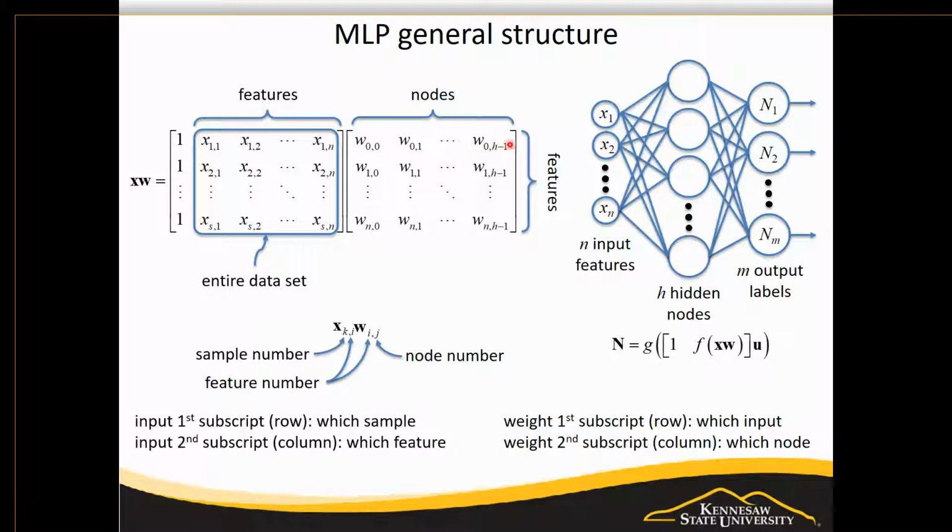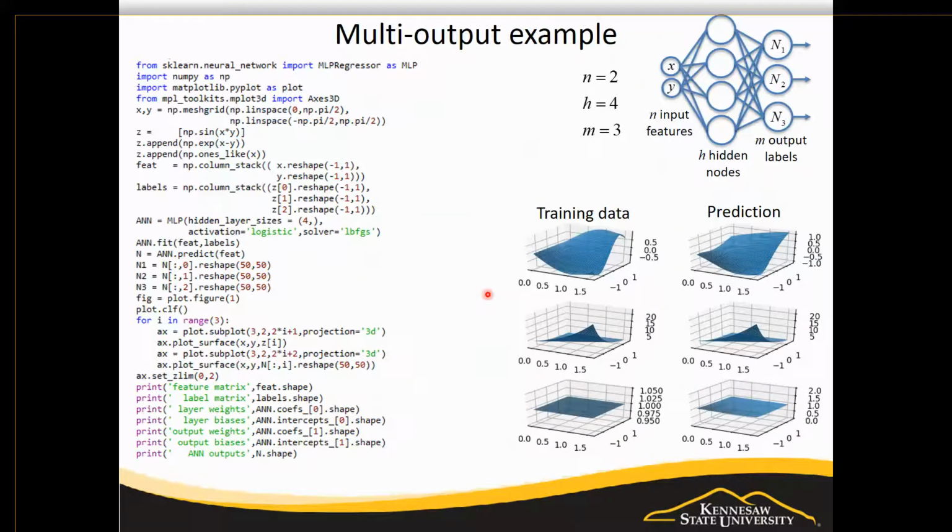Now, Scikit-Learn differentiates between the weights for the biases and the weights for the actual inputs. Okay, so what they have here as intercepts, those are the weights on the 1s. And the coefs are the weights on the actual inputs.